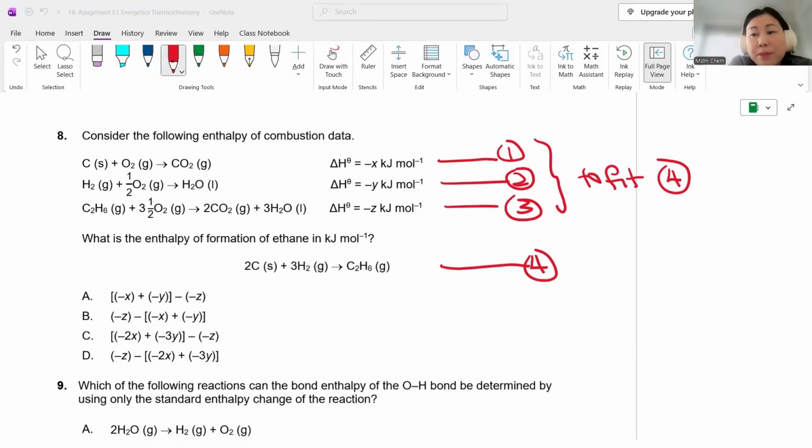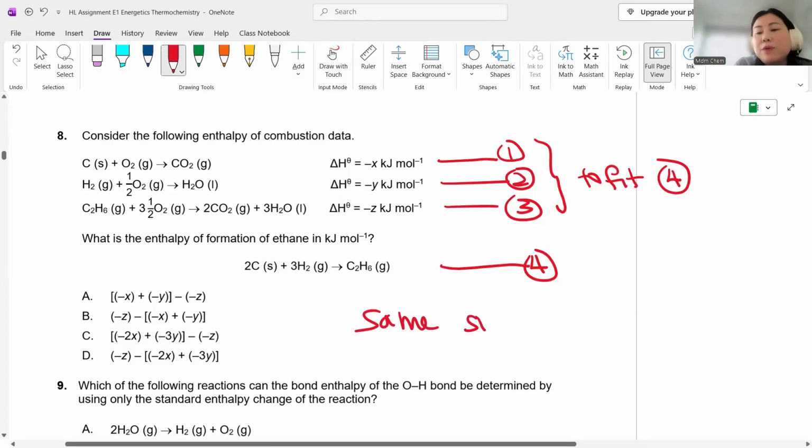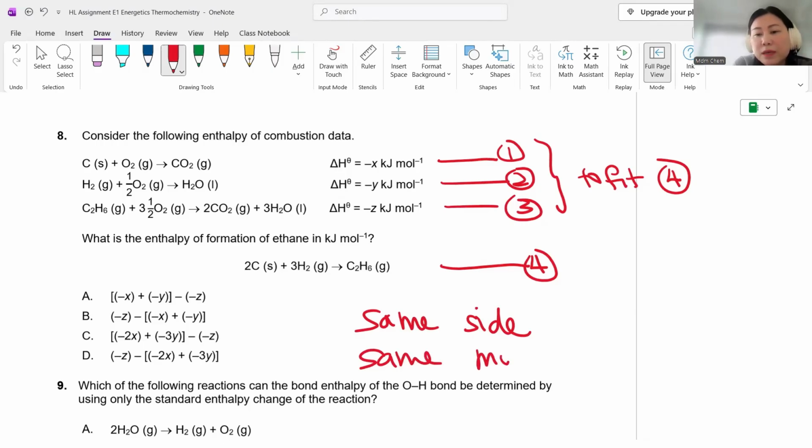All right, so look at common terms and whether they are on the same side, same moles. The two questions that we always ask ourselves are: are they on the same side? Are they about the same moles? Okay, so carbon and carbon, I'm seeing carbon here, I'm seeing carbon here.